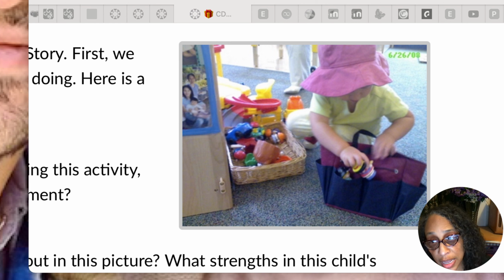And so in my observation that I turn in, I might say, I watched you pick up the pink hat and put it on your head, and then you squatted and put one Weeble in each pocket of the blue bag. And then you put another bag on your other hand and you walked across the room and said, I'm at the zoo now. You see how it was all in the past tense? And I described what I saw the child do. That's what your observation should sound like.